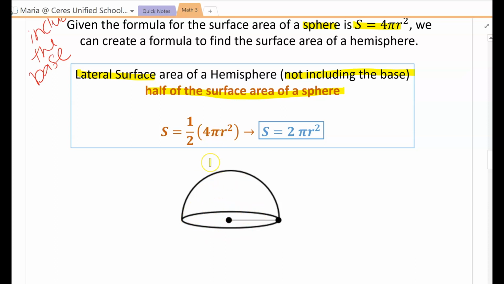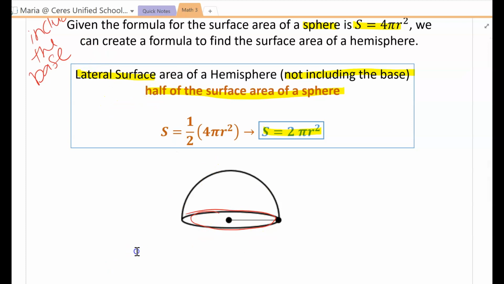Just take half of 4, which gives you S equals 2 pi r squared. But again, there's no base. The circular piece is going to be hollow, with nothing in it. This is lateral surface area, meaning the lateral does not include the base.